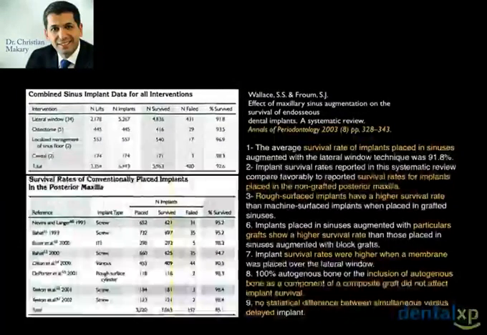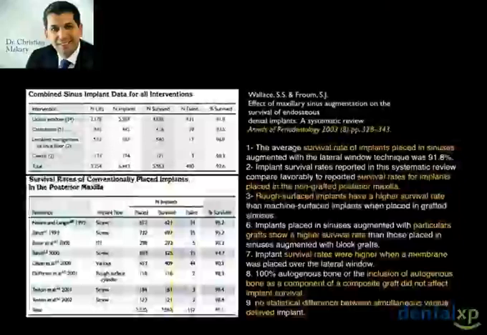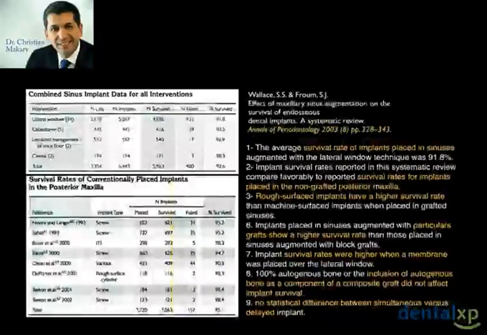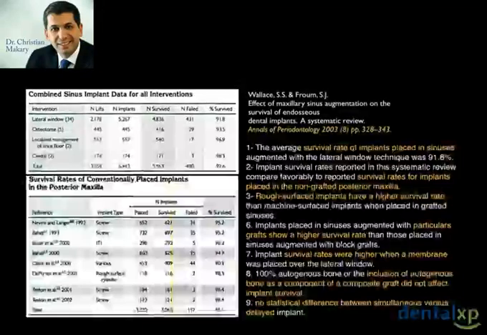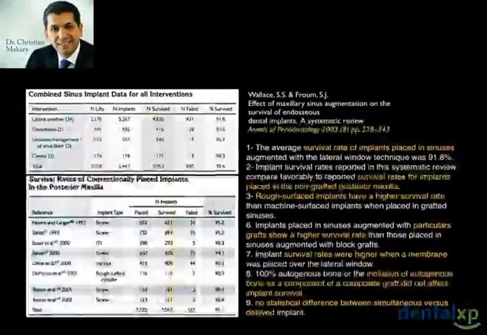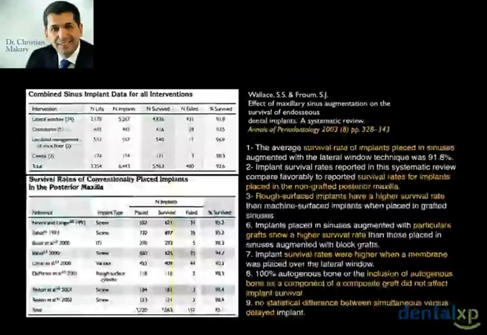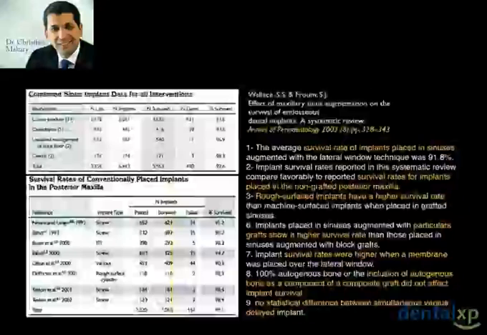So, in order to conclude this first part of this presentation, I will go back to one of the most interesting reviews that was done over implants. That was the review by Wallace and Froum in 2003. And if we go back to their conclusion, we see that the survival rate of implants placed in sinuses was very high, and it was almost identical to the survival rates of implants placed in normal bone in the posterior maxilla.